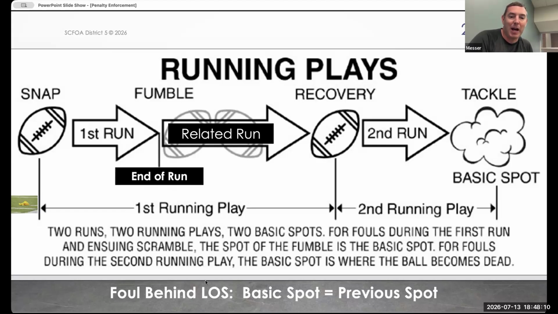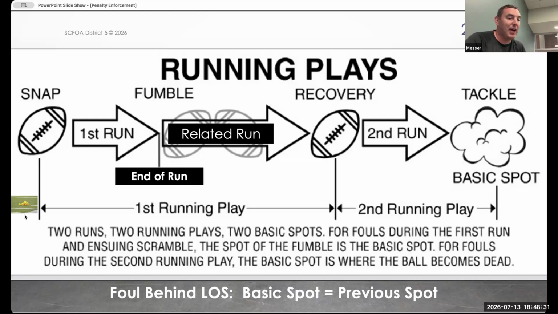So, foul behind the line of scrimmage, basic spot equals the previous spot. Here's my little flag. Here's the snap, foul back here. Does it matter what happens with all of this down here? No, none of this matters. As long as team A has possession at the end of the down, then we're going from the previous spot.